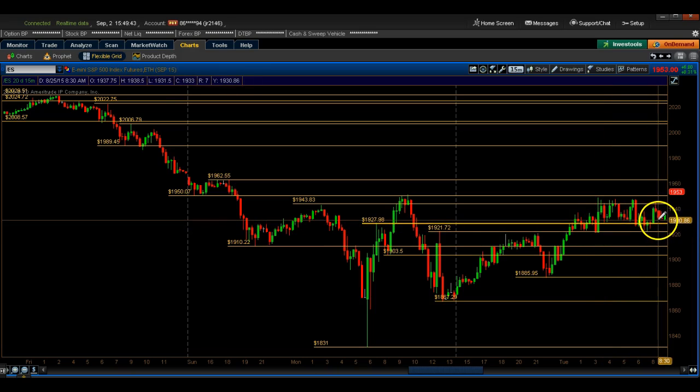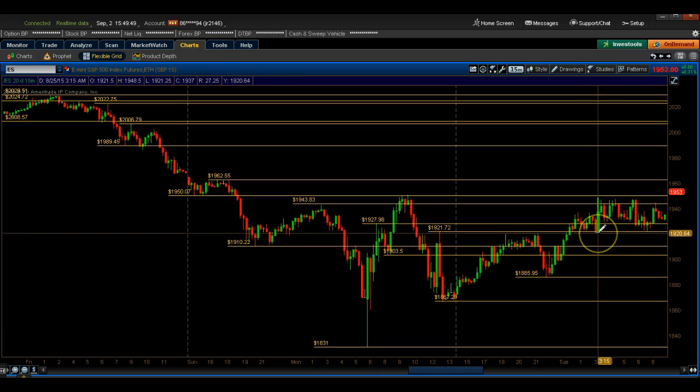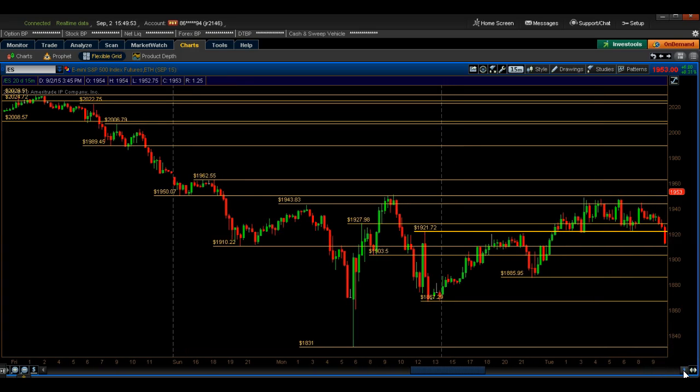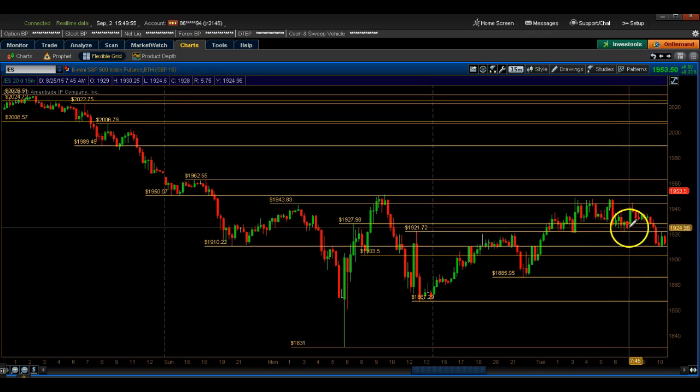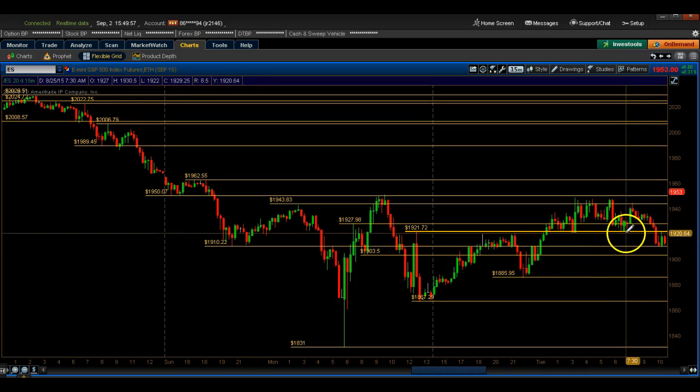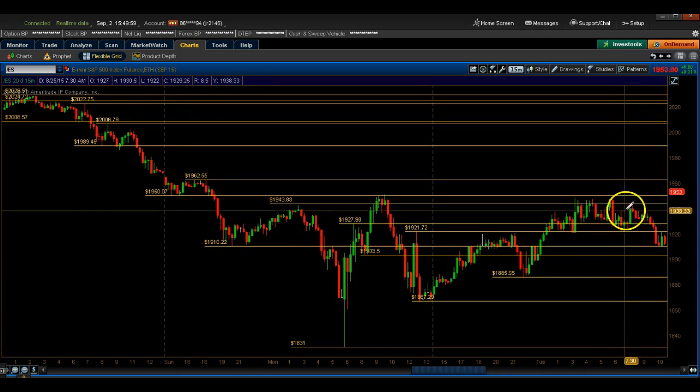So I can enter maybe at 1932, and I know my stop is there. So I'm risking 7 points, but watch what the potential upside is, right? But here's the thing. Price now made a new low, right? It finally broke, so now we're starting the downtrend again.